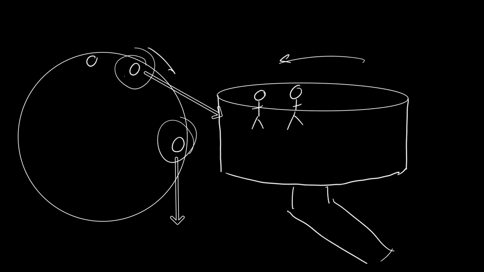What causes them to do so? It's not a new force. It's got to be something from your list. What are they in contact with? Oh, the wall. It's a normal force, yeah. In these rides, it's a normal force that causes them to travel in a circle.